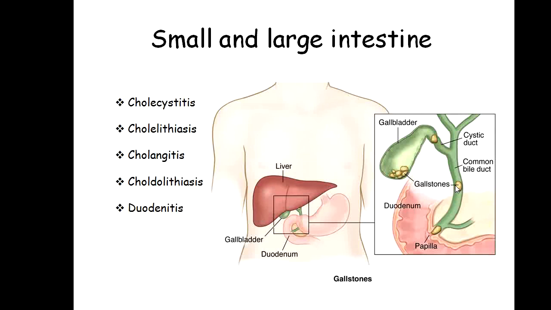This usually happens when the stone goes further towards this area. The stone is transferred from the gallbladder towards the bile duct. So this carries out the obstruction of the bile duct. So this condition is called choledocholithiasis, the formation of stone inside the bile duct.